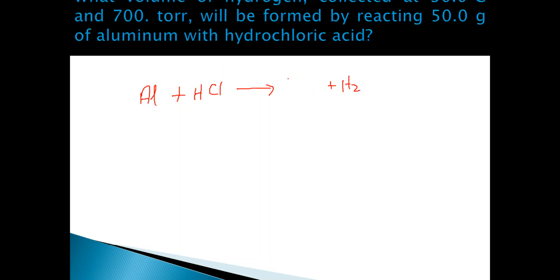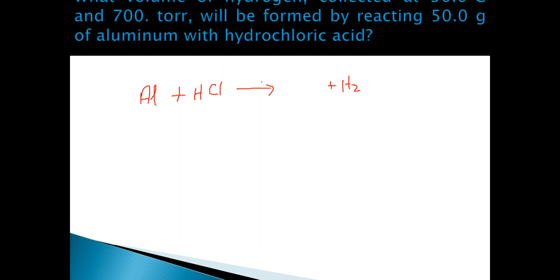Well, based on the information provided and based on our previous knowledge, we know that if hydrogen is formed, that means that the aluminum must have displaced hydrogen from HCl. And what that means, therefore, is that the aluminum will come together with the chlorine to form a compound. So we have to figure out what the formula for the compound is.